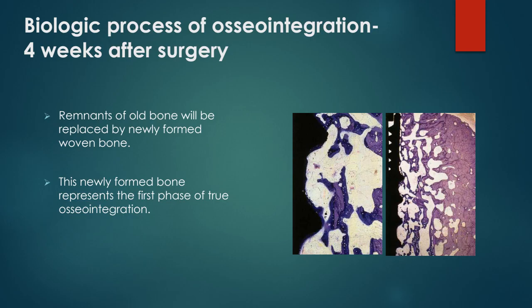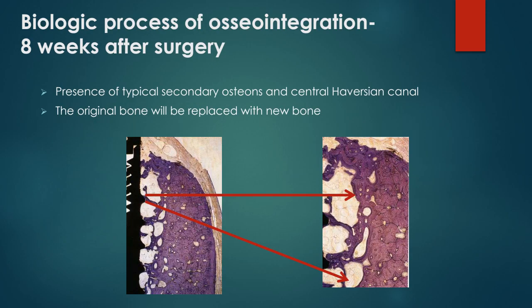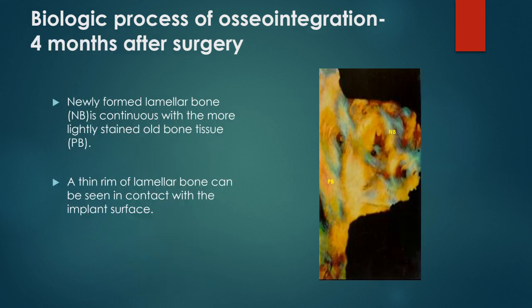At 8 weeks, okay, we start to see maturation, we start to see osteons forming, we start to see haversian canals, and the original bone will be replaced with a new lamellar kind of bone. This process continues up to 4 months. Okay, it's continuous. Notice it has a very mature appearance compared to the woven bone that we saw in the initial phases of healing. And we have thin rims of lamellar bone that can be seen in contact with the implant surface.